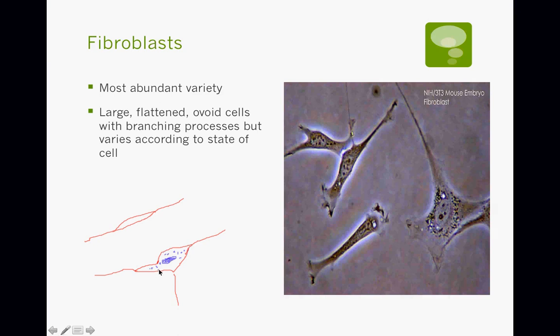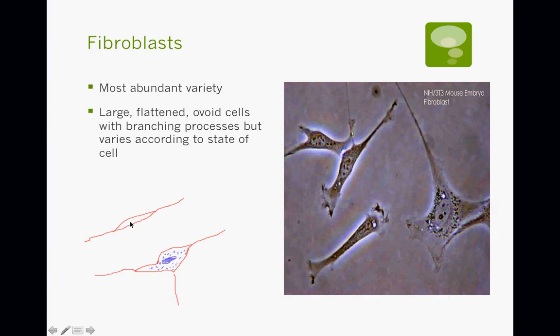And what you see under the light microscope, you don't see these processes, you don't see the cell membrane, you just see the bluish central zone, and a large bluish cell will be seen in numerous places in the connective tissue where the active fibroblast is present.